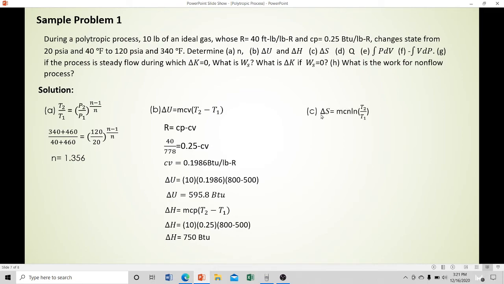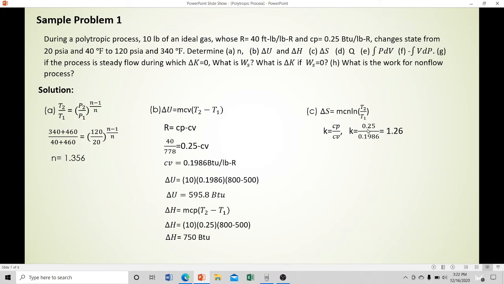So for the C, we have this equation is equals to MCN ln T2 over T1. Now your CN is equivalent to CV times K minus N over 1 minus N. But we don't have K in the previous problem, so we get it in terms of CP and CV. We know that the specific heat ratio K is equivalent to CP over CV.